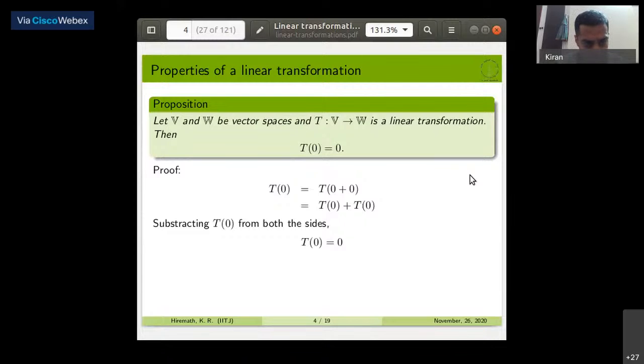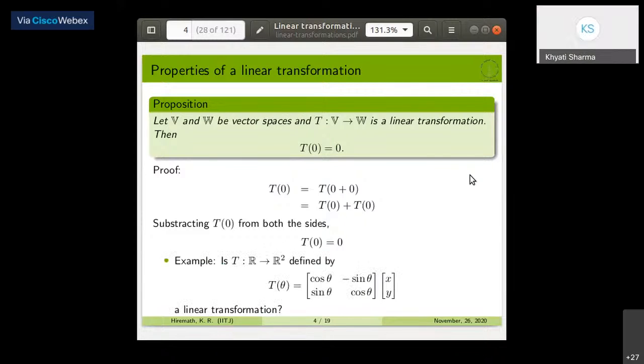And now look at this example from the point of view of this proposition. So who told this approach? Who was that? To cancel, it is not numerical, sir. I was saying that T of 0 will not be 0. Yes. So what we have to do is see where the 0 is getting mapped.